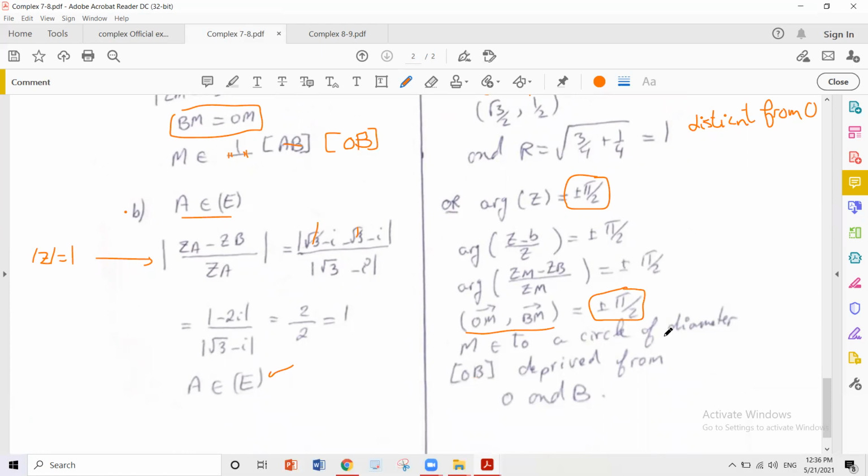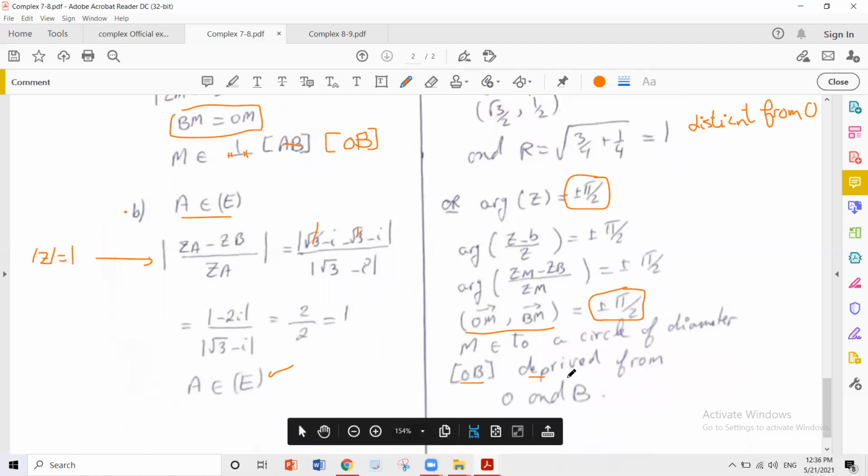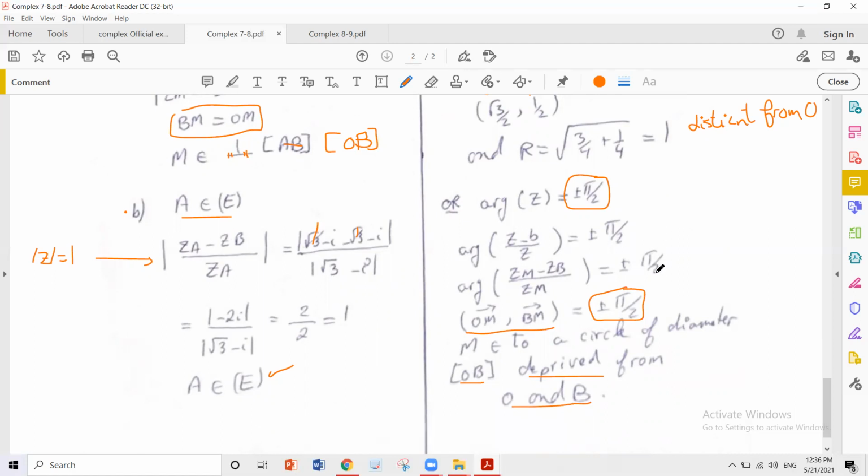So M belongs to a circle of diameter OB, deprived from O and B. Why do we write deprived, sir? Yes, you have to say it or you lose 1/4.